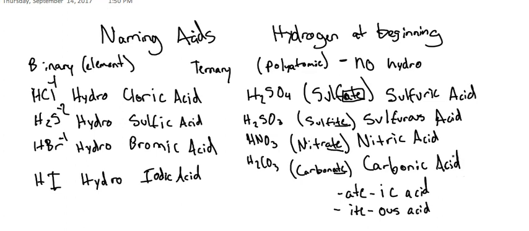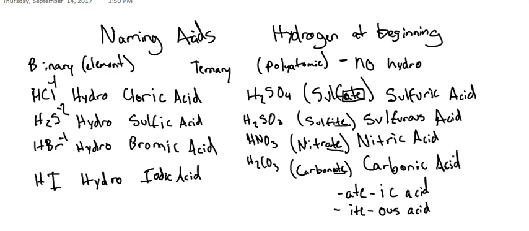So again, just to review, if you have a binary acid, then you are going to write hydro, then the base name of your element with the suffix of ic, and then the word acid. And that's going to be if you are bonding hydrogen to a single element. And then our ternary compounds, we are going to be bonding hydrogen to a polyatomic.